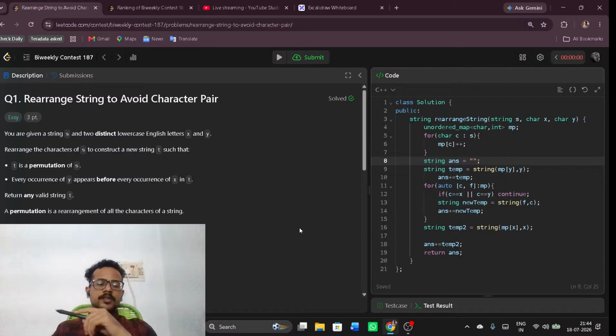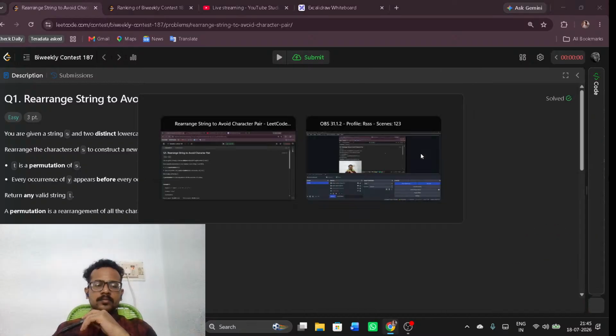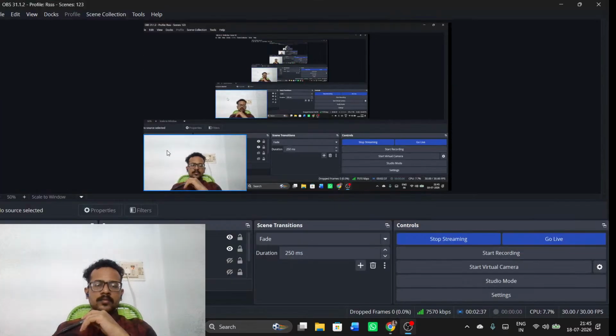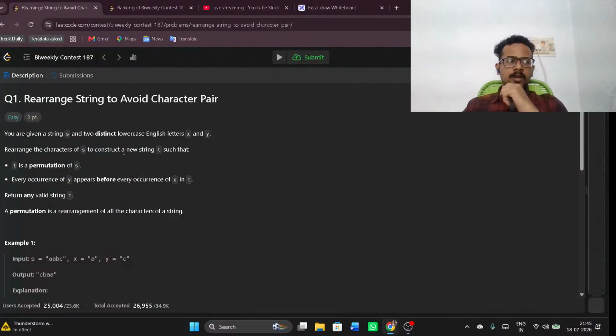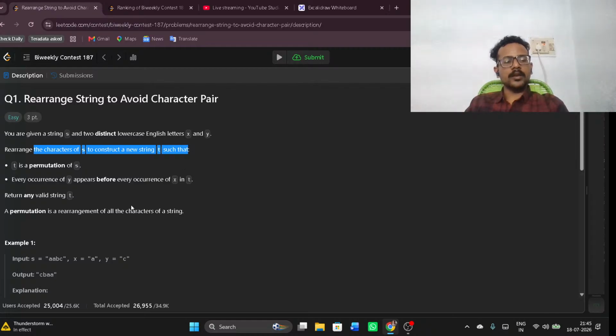Let me tell you, this is the first problem which was given to us: Rearrange string to avoid character pair. Let me tell you what they are saying. You're given a string S and two distinct lowercase English letters, X and Y. We need to rearrange the characters of S to construct a new string T, right?